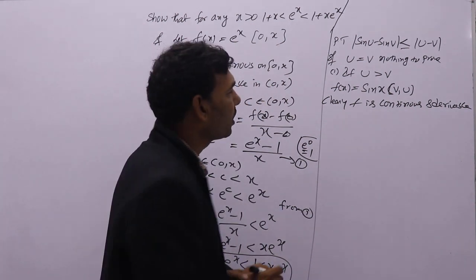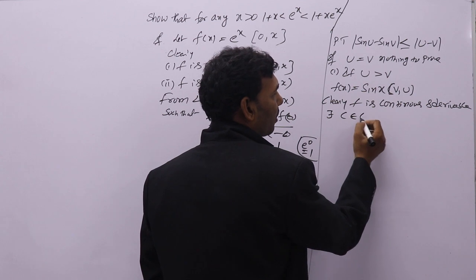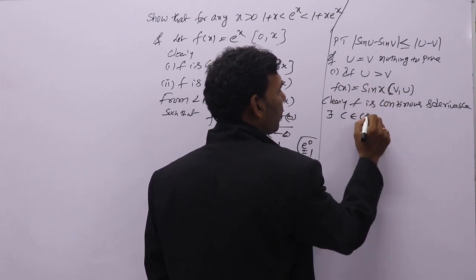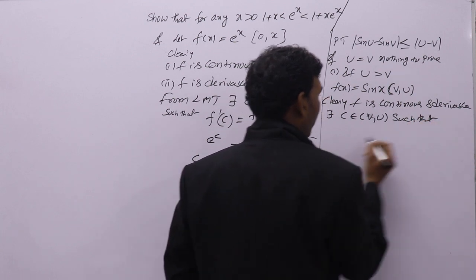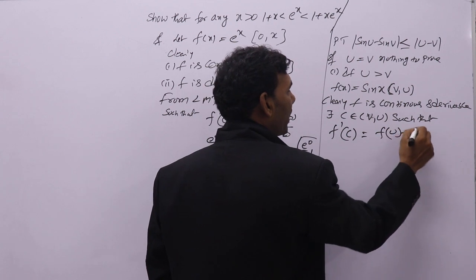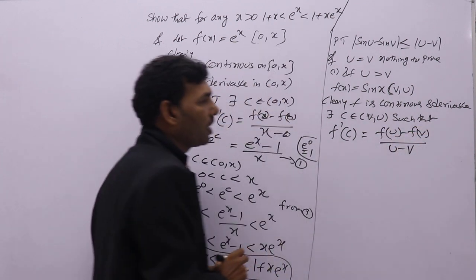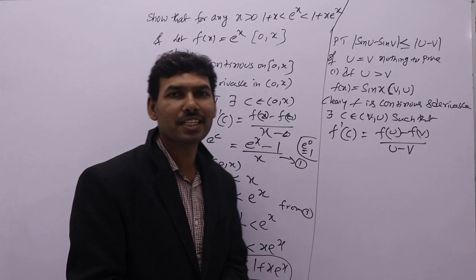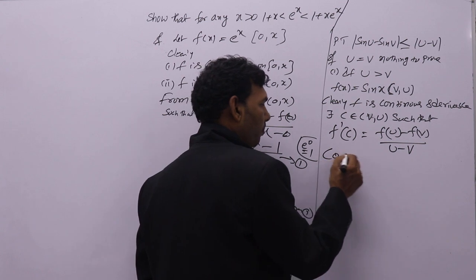That's why, using Lagrange's mean value theorem, there exists c in the open interval (v, u) such that f dash of c equals f of u minus f of v by u minus v. f dash of c means differentiation of sin c. What is the differentiation of sin x? cos c.